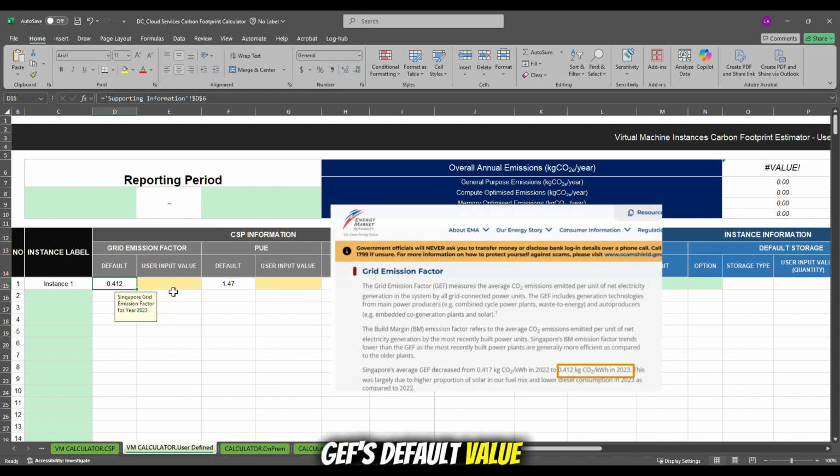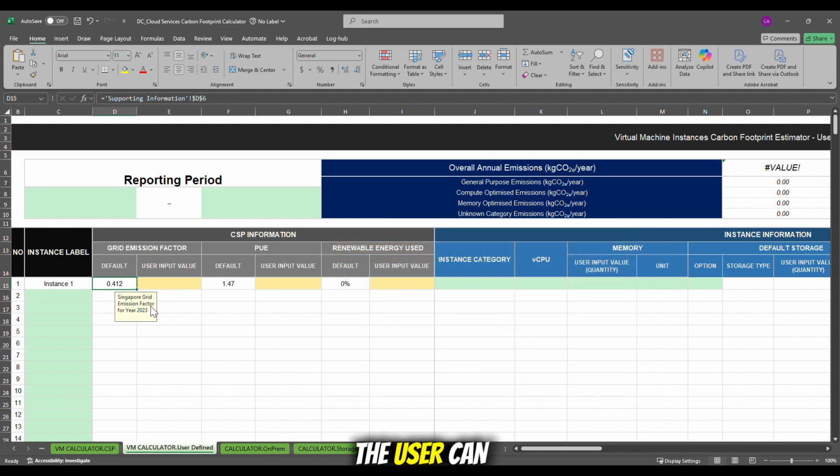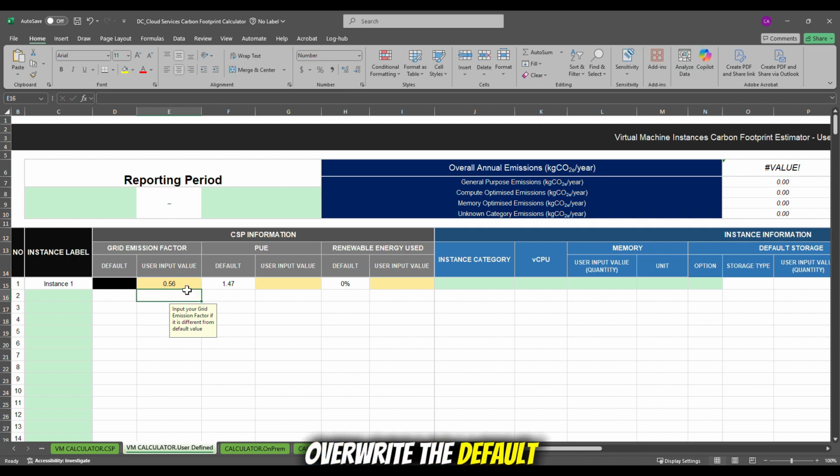GEF's default value comes from the latest EMA published GEF for Singapore. This is under the assumption that most of the services used will be coming from the Singapore region. However, in cases where instances are from outside Singapore, the user can input the GEF of that region under the user input value, and it will overwrite the default GEF value.